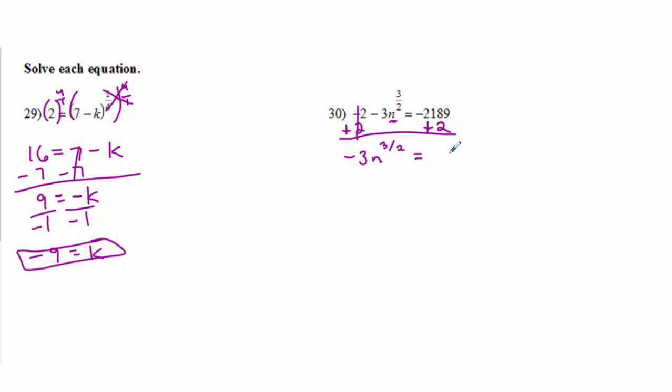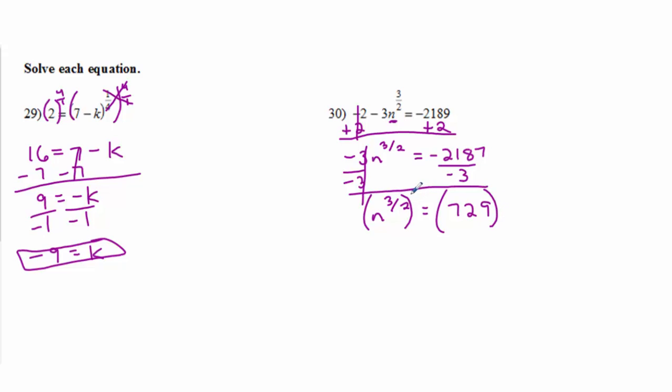Negative 2,189 plus 2 is negative 2,187. Now we divide both sides by negative 3. We get n to the 3/2 equals 729. Now we're going to raise each side to the reciprocal power.